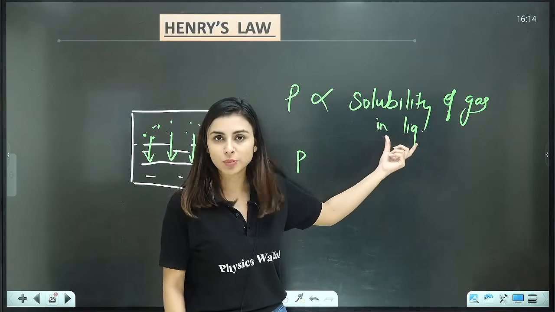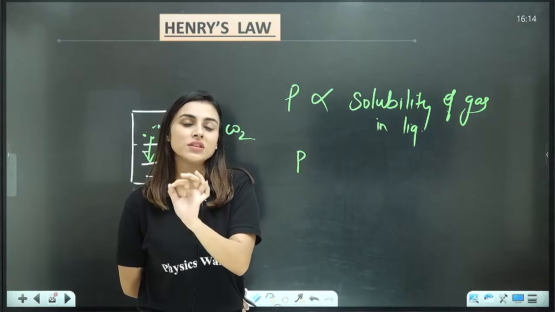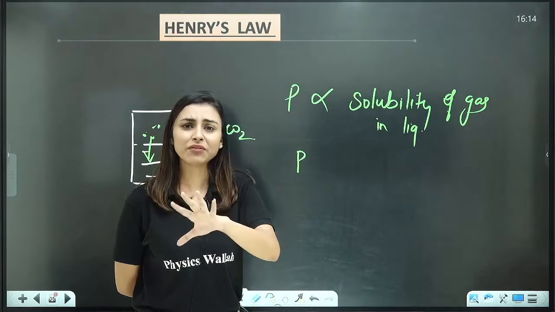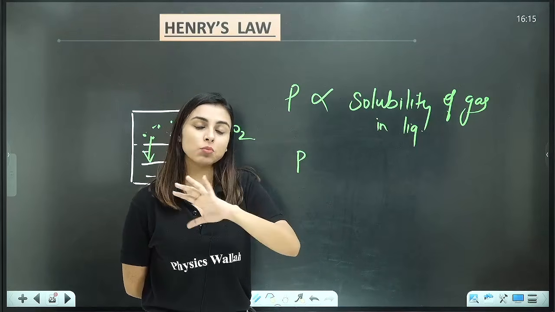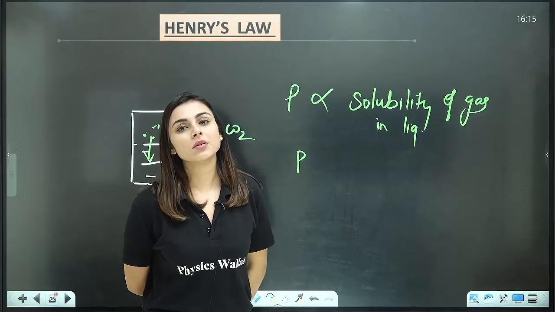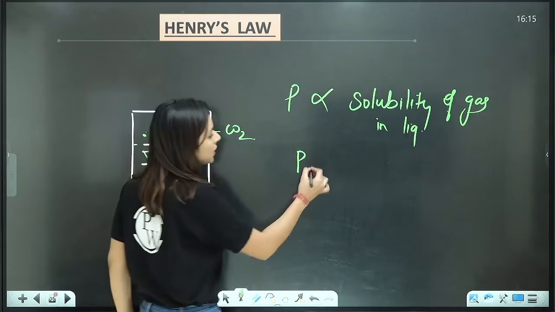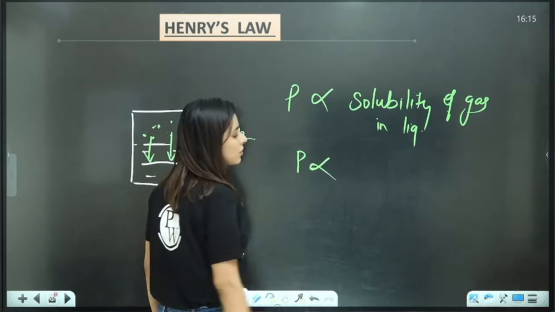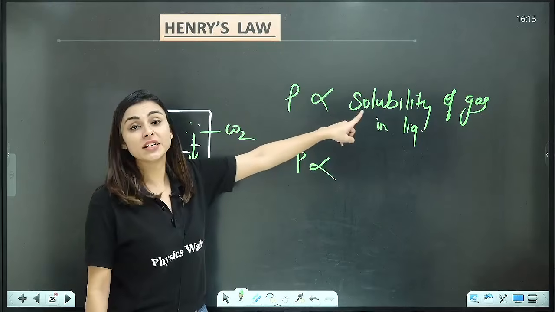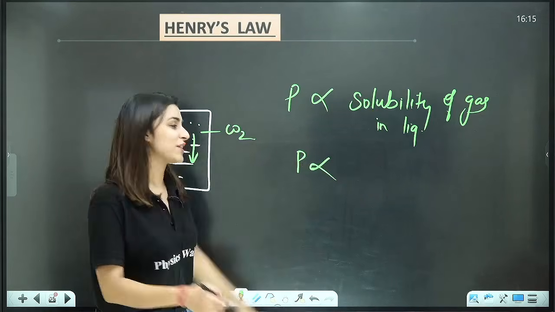To define solubility, Henry mostly used the main concentration term, which was mole fraction. Somewhere you will see the expression as molality as well, but in most cases you will see the expression of mole fraction. So he said that pressure is directly proportional to the solubility of the gas, and here we are talking about solubility in terms of mole fraction, right?